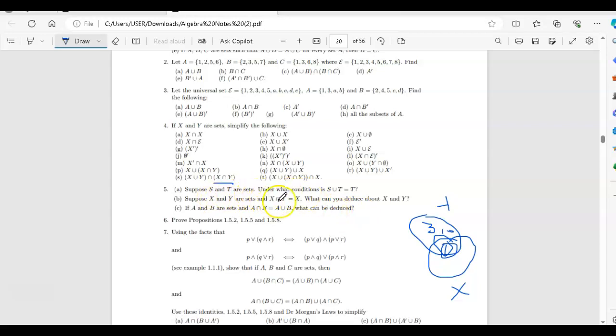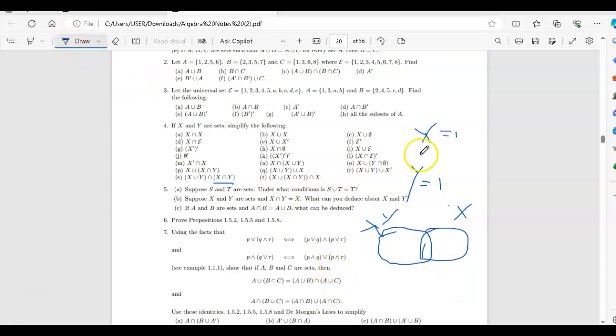If you make X equal to 1 and Y equal to 1, then 1 will be in between, so X is 1, Y is 1, and X and Y is 1. So it makes sense, they're both equal. If X equals a number and Y equals a number, X and Y will be the same number. Therefore you can conclude that the set X equals the set Y.